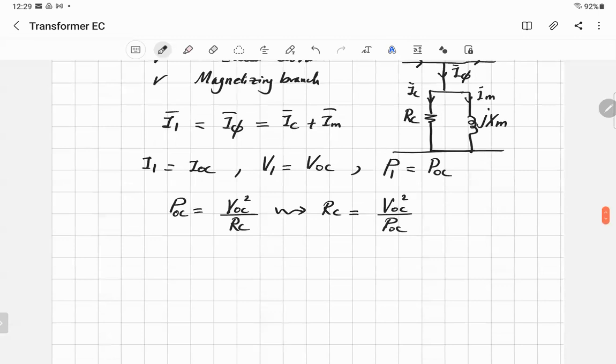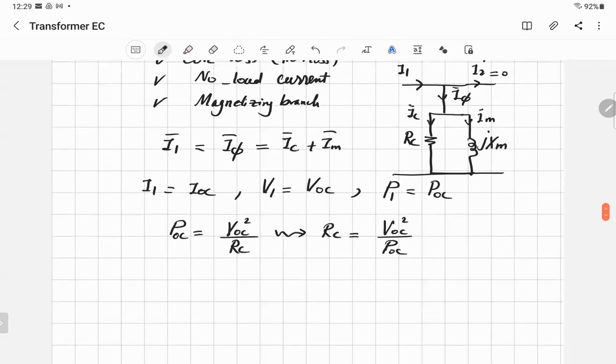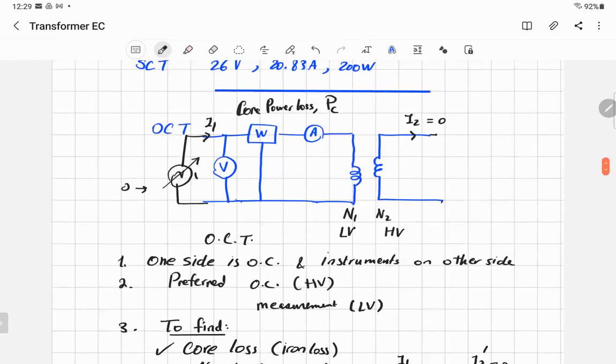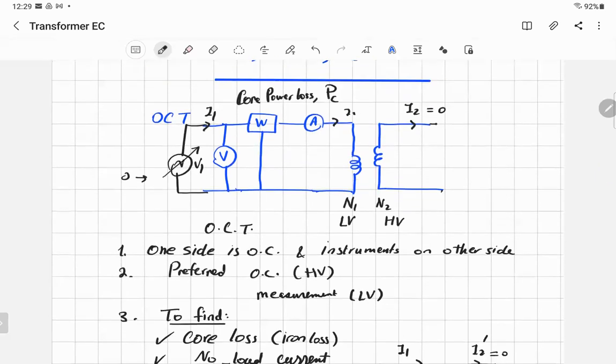And the second thing you'll do, you want to find XM, but to find XM, you've got to have IM to divide the voltage. By the way, the voltage is here. That's V1 across. Let me show you the transformer. That's the transformer, that's V1 here. And that's I2, and that's I2 dash, which will be equal to 0, right?